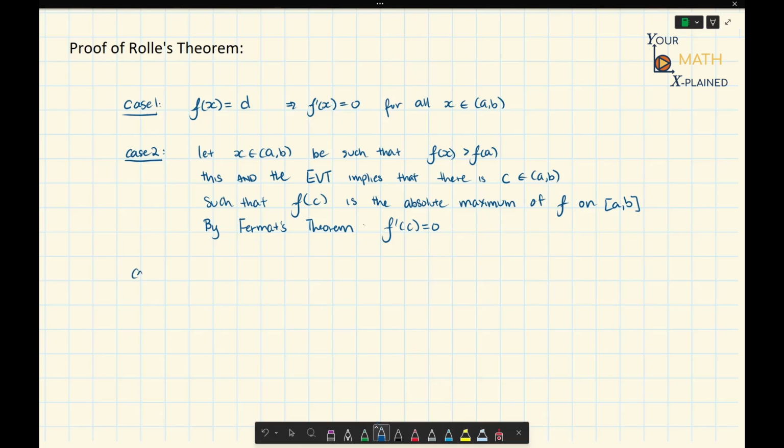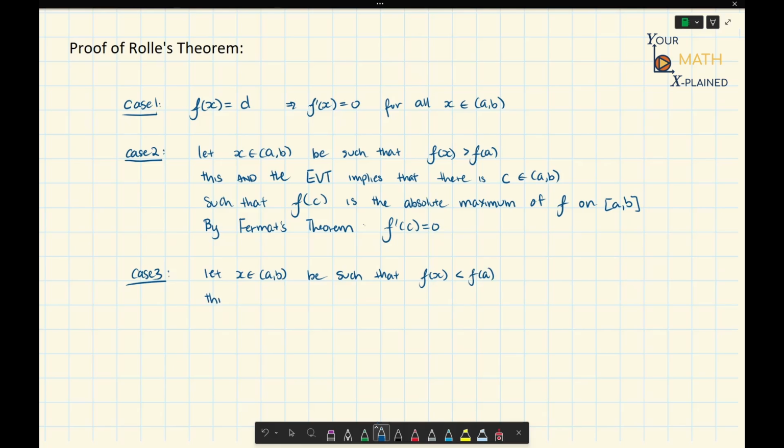And now for the last case, we would have let x be in the open interval (a, b) be such that f of x is now less than f of a.